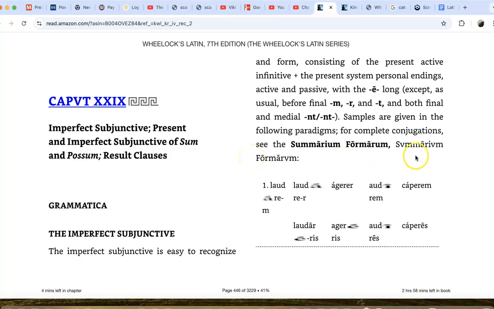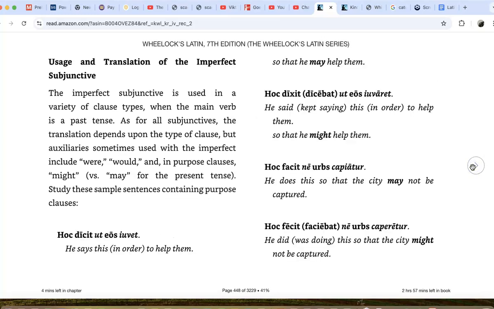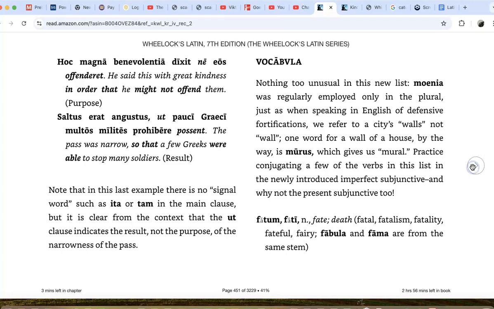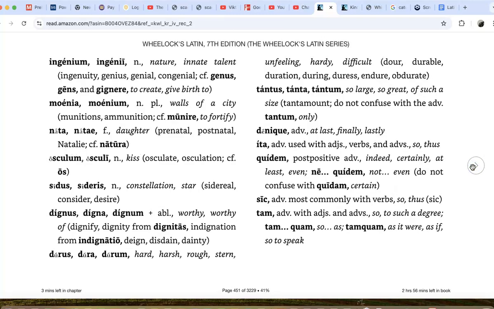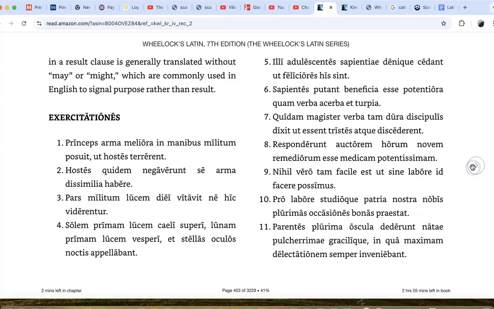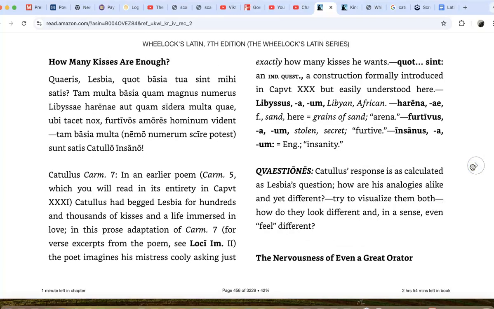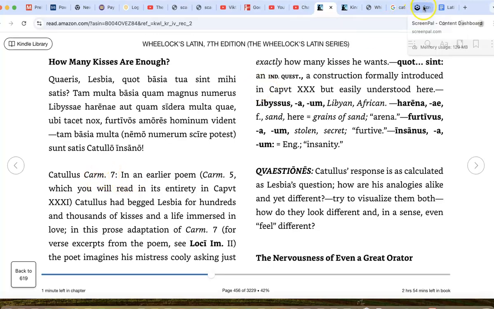Okay, with that said, let's go ahead and continue with this chapter, namely the two longer passage readings. The first one is Catullus Carmen Septem, or his seventh poem. Very famous.